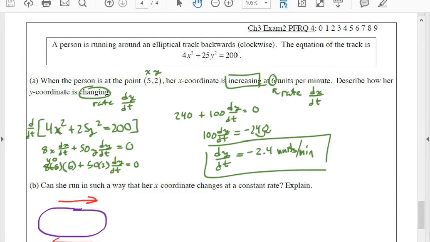No. I'm going to say simply because her x-coordinate rate changes from positive to negative.